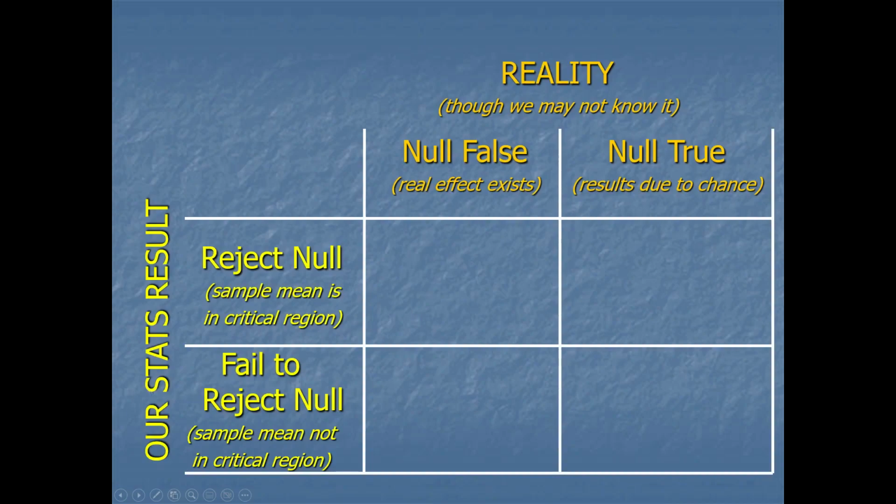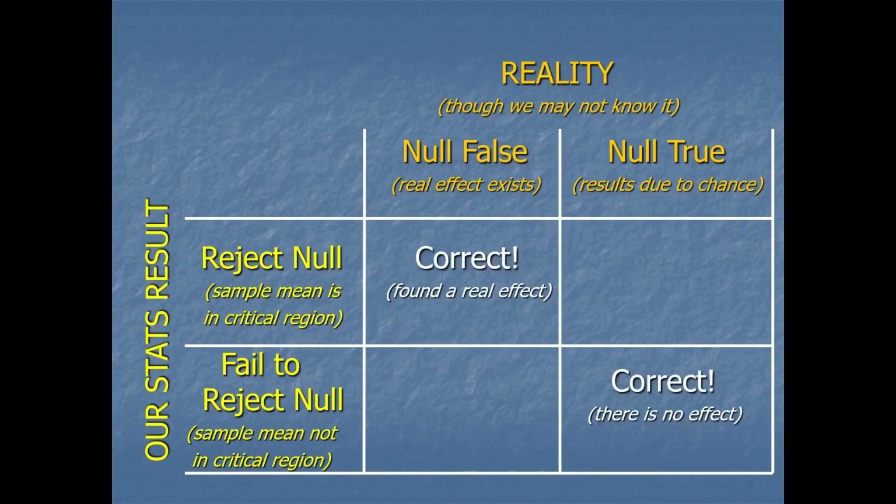Either we reject the null hypothesis, meaning our sample was in the critical region, our p-value was below that alpha cutoff, or we fail to reject the null because our sample was not in the critical region, our p-value was not low enough, so we leave it an open question. This is what will happen anytime we run a stats test and get our p-value. It's going to be one of these two things. Now that means, together here, that's going to leave us 4 possibilities that can happen anytime we run a statistical test.